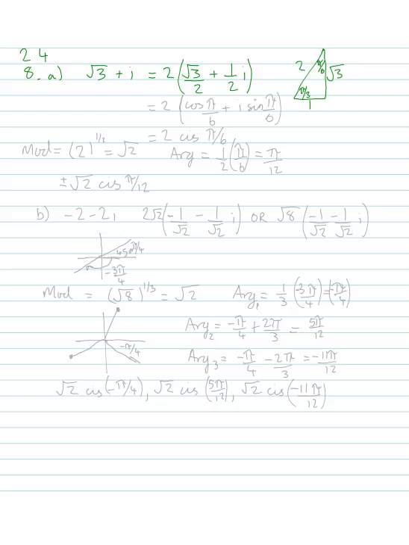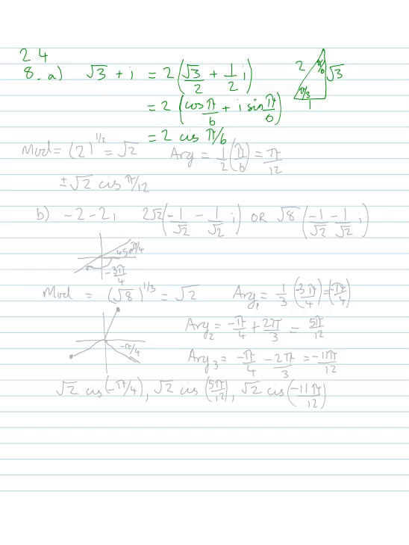So we can write this in the form of 2 (cos pi on 6 plus i sine pi on 6), which means we've now got it in mod-arg form. And so that's equal to 2 cis pi on 6.